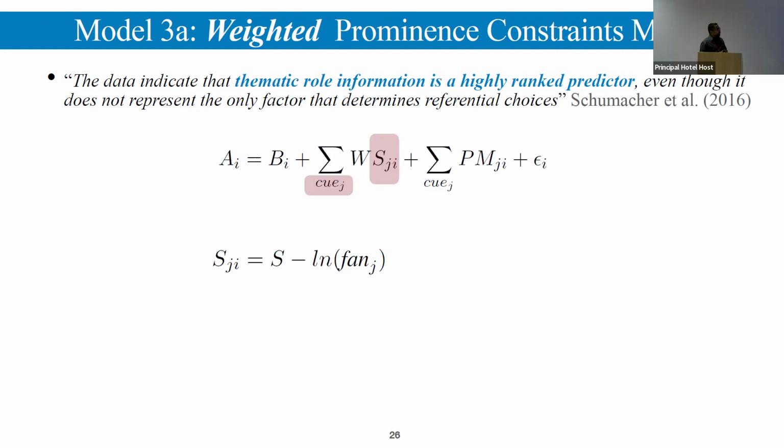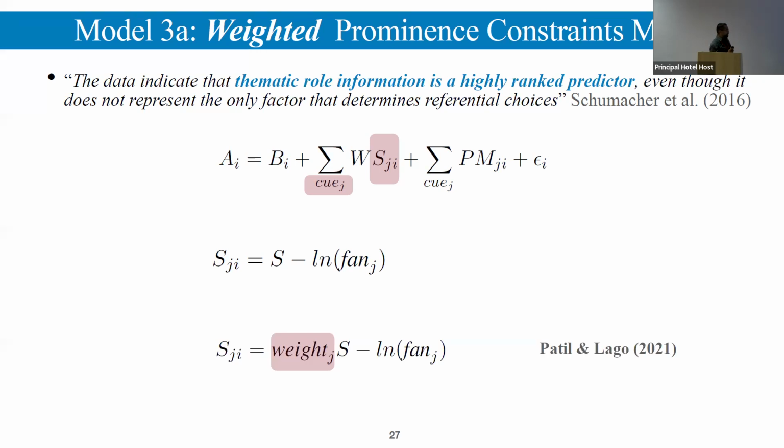So to incorporate their proposal into a model, we tried to extend the existing cue-based retrieval model. In the existing cue-based retrieval model, all retrieval cues are the same. So there is no difference between any retrieval cue. Okay, so we wanted to have this extra importance for the thematic role cue.